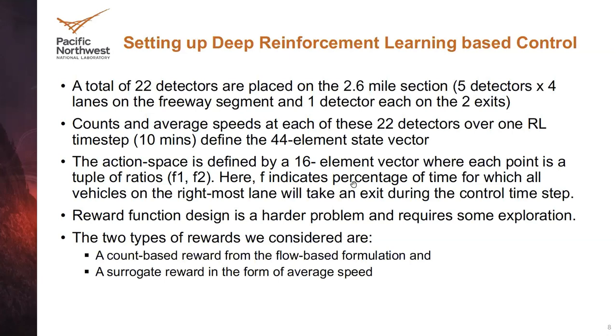So that's one type of reward. But as I explain later, we also look at a surrogate reward in the form of average speed. So you want to maximize the average speed. The first reward is more towards a system level objective, and the second is more towards an individual type of objective.